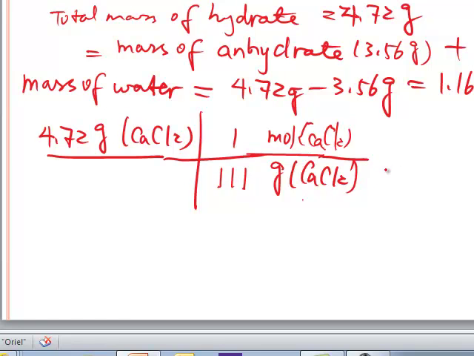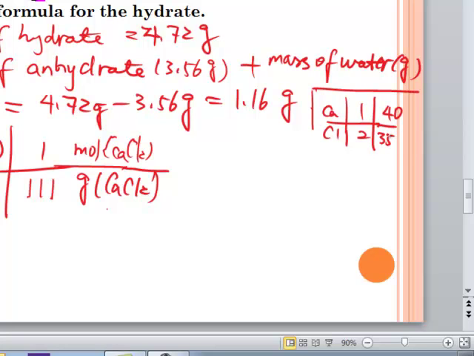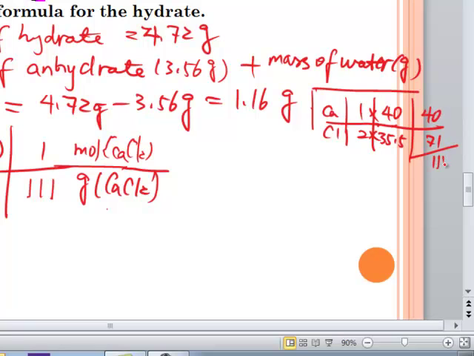How do you get that? Look at the sidebar. Calcium, you have 1, chlorine, you have 2. Molar mass for calcium is 40 grams per mole. You get that from the periodic table. For chlorine it is 35.5 grams per mole. So you multiply this, you got 40, you got 71, added together. That's where the 111 grams per mole is coming from.